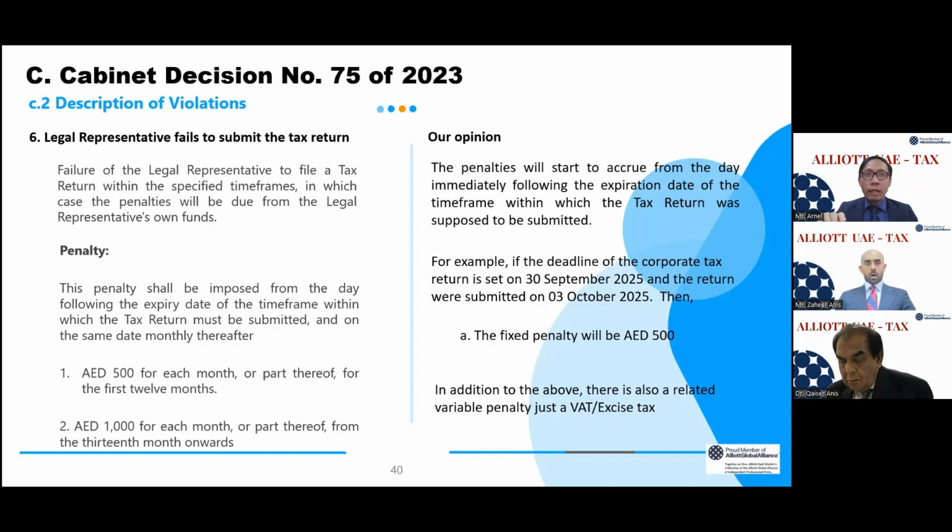However, there's also an implication that it might trigger a tax audit. Although it is quite small, we have to be careful. In addition to the monetary penalty, there will be other implications, by the way.